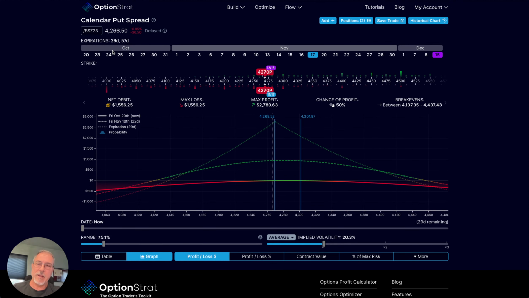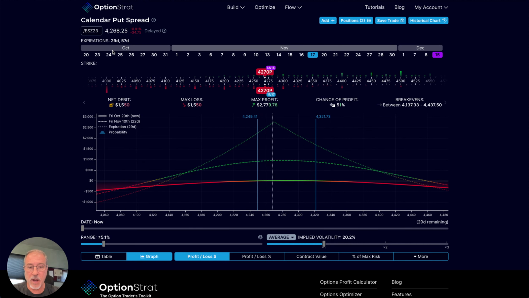Now, calendars are a little bit unusual in how they act, and I shared a little bit about these in the preview of the new features of optionstrat. But what I want to do here specifically, I'm going to do a fairly tight dated calendar.